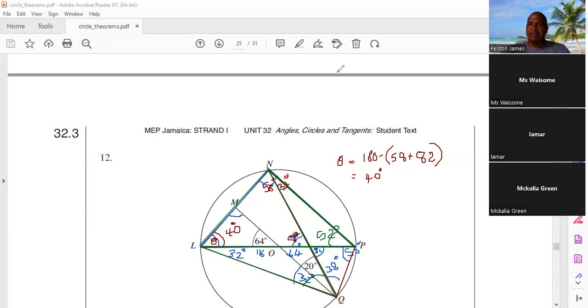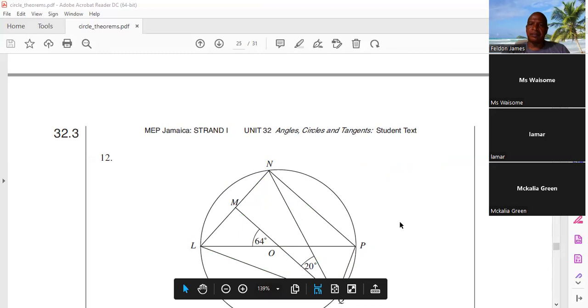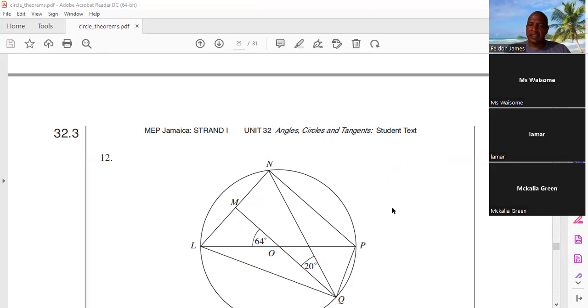Yeah, so I hope you get the idea that with circle theorems, you have to try to isolate the theorems within the circle. It's not going to be easy to see at once. That's why you need to practice this, because there are so many theorems to remember.